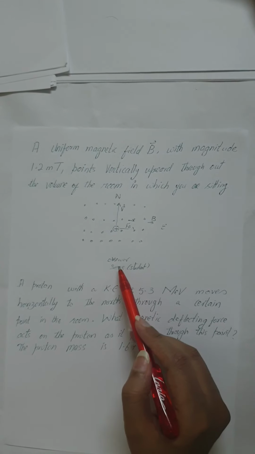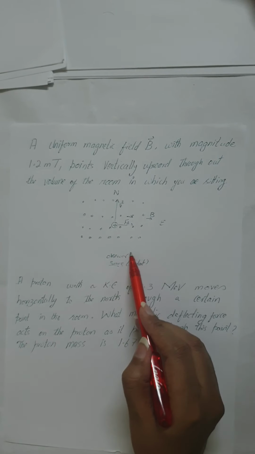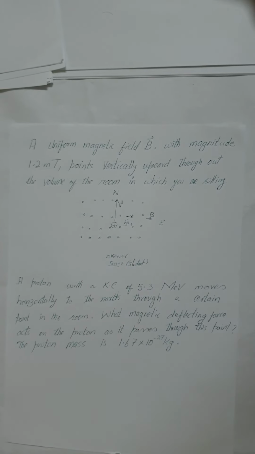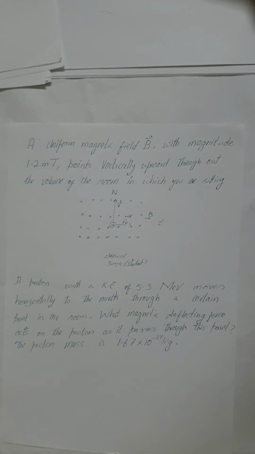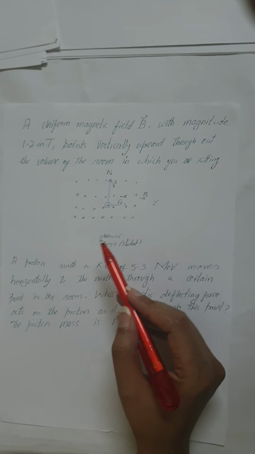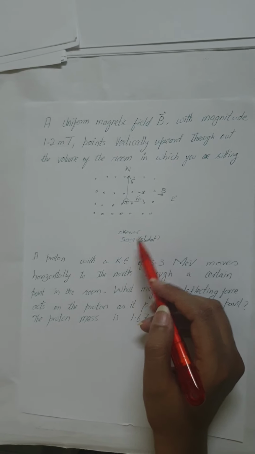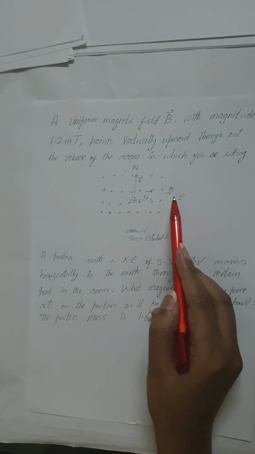A student is sitting and he or she is seeing from here. So this is a view from above of a student sitting in a room in which a vertically upward magnetic field deflects a moving proton toward the east.